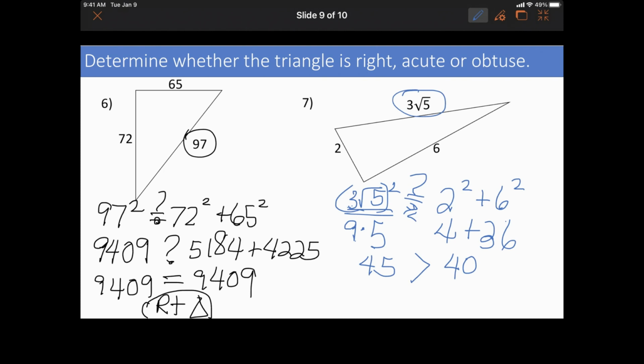So if the one side is bigger than the sum of the other two, this is obtuse. I always think it's like 1 beats 2 of them. 2 of them together still is not bigger than that. So it must be obtuse. Oh, obtuse triangle. All right.